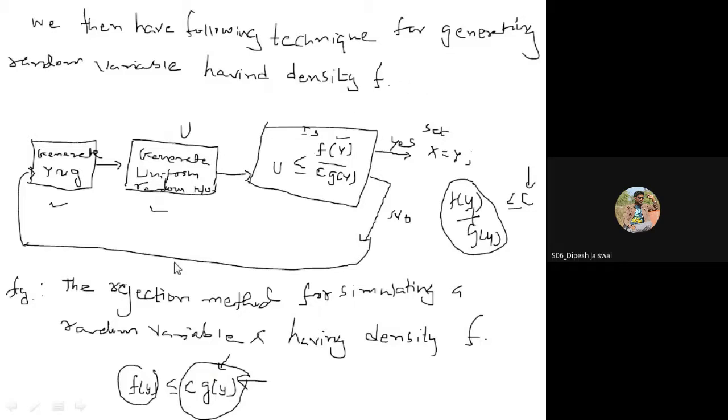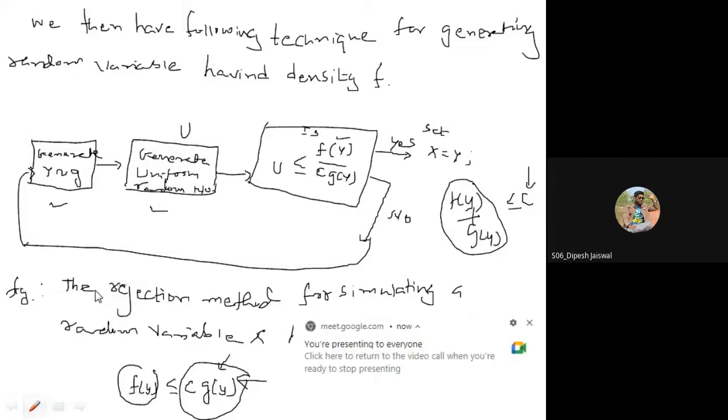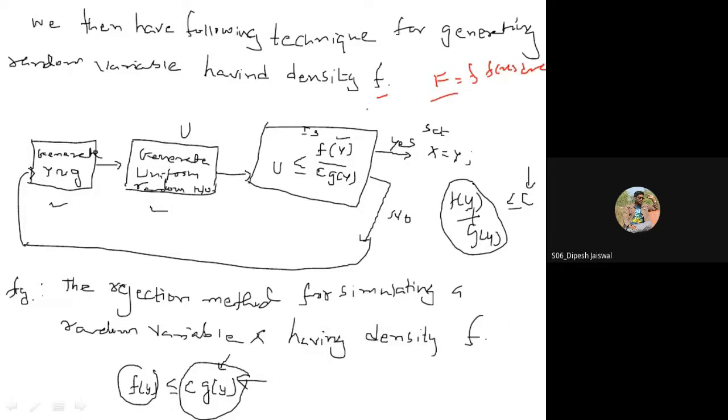So our aim is that suppose we wish to generate a random number from a density f, but we cannot directly generate this random number from f. Why? Because the distribution function you obtain, the integration of f(x) dx, is not invertible, and therefore we try to generate a random number y from a known distribution g.